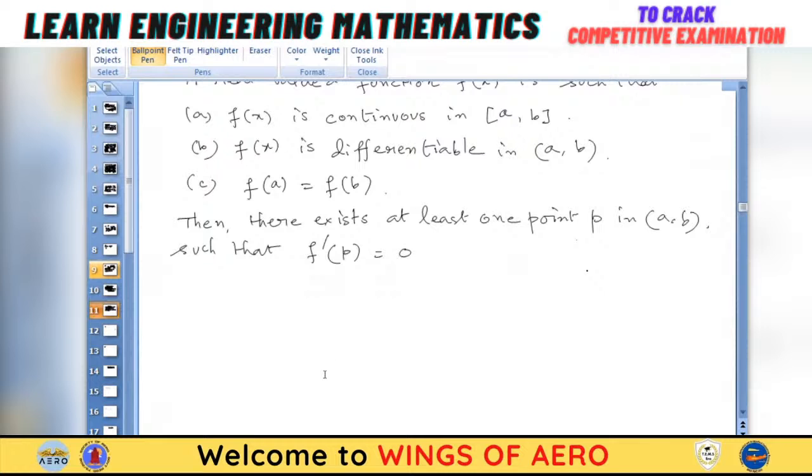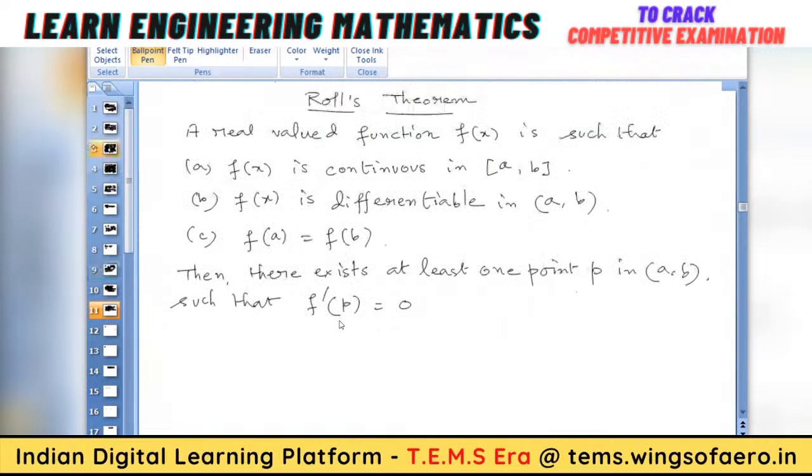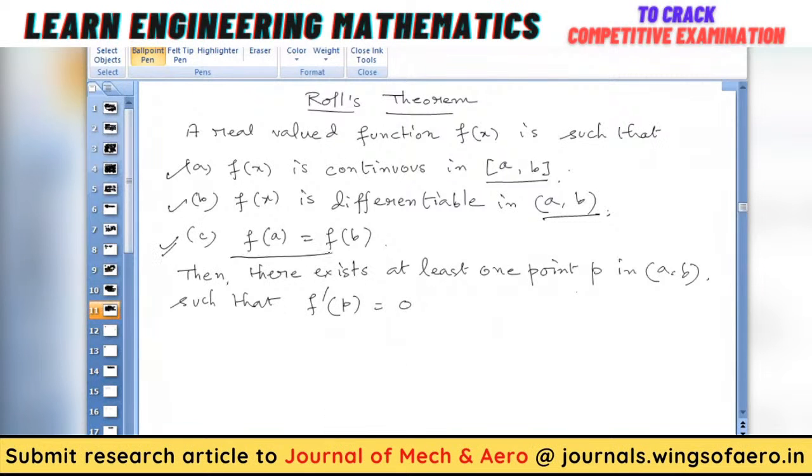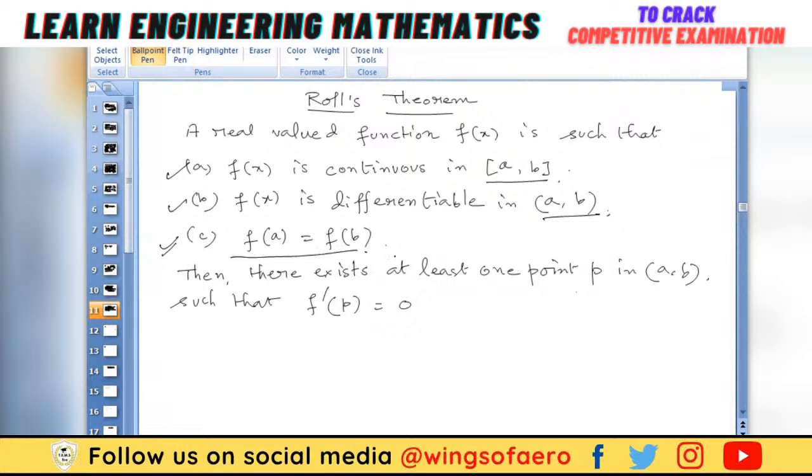So next one is Rolle's. Look, these first two conditions are the same. f(x) is continuous in the closed interval AB, differentiable in the open interval AB. A third condition is given: f(a) is equal to f(b).